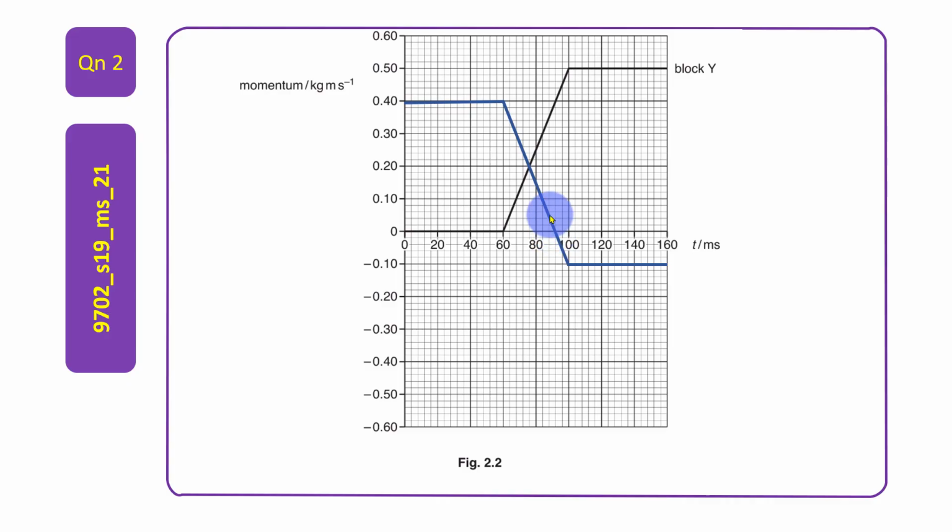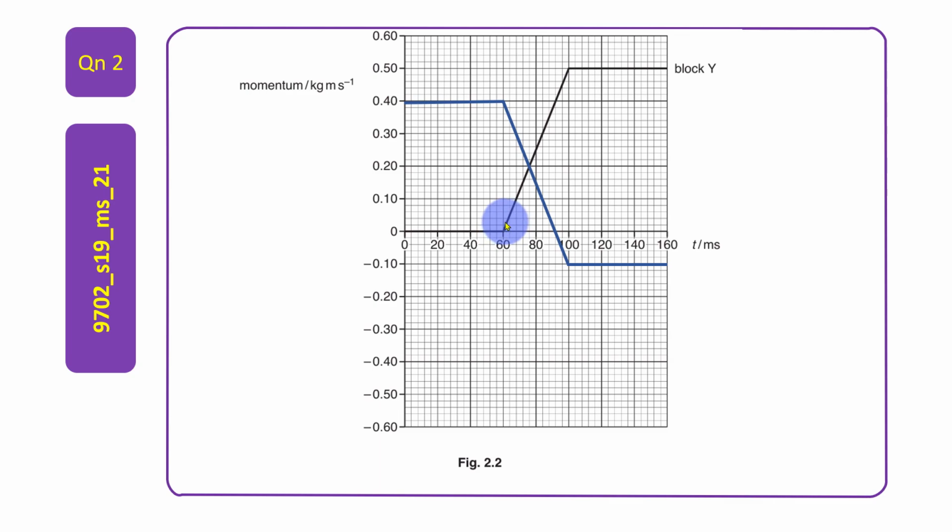First of all, it has to reduce to 0 and then start increasing in the opposite direction, until the change in momentum of x, which is from here all the way to here, is exactly equal to the change in momentum of y.